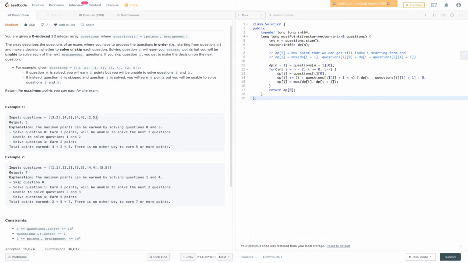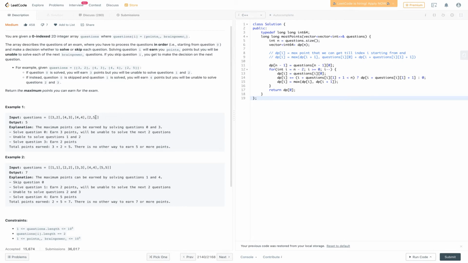And since we don't know the answer for the previous questions, we can think backwards and try to get the maximum points that we can gain for a previous index using the value that we have already derived at an index higher than the previous index.